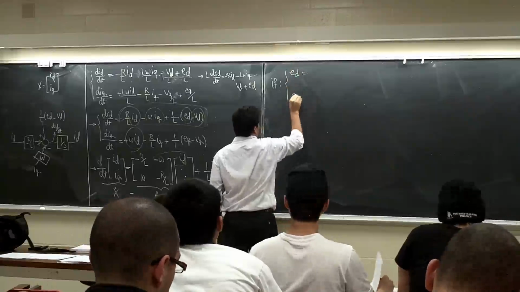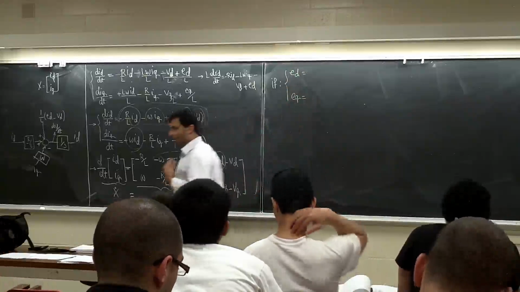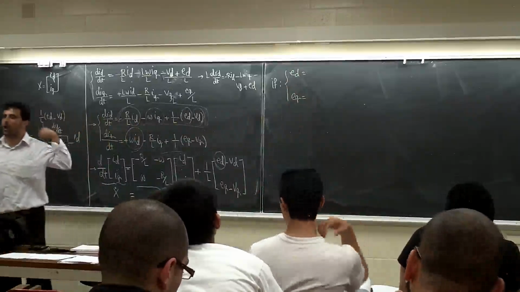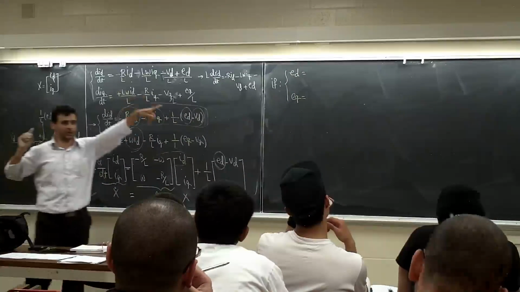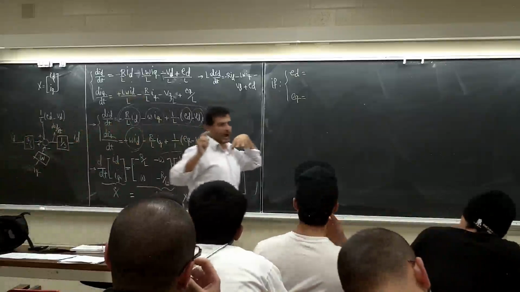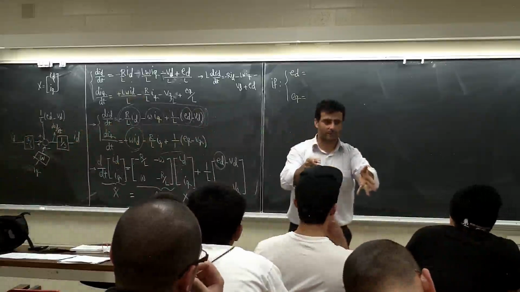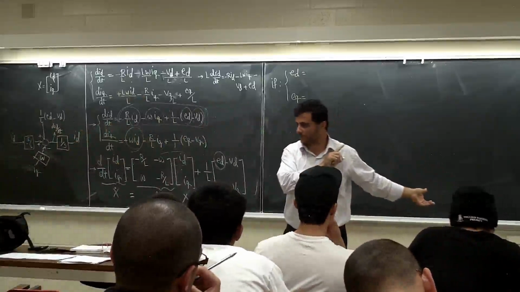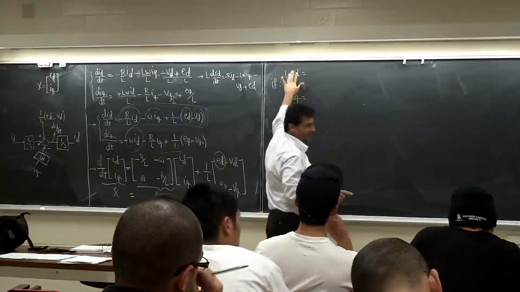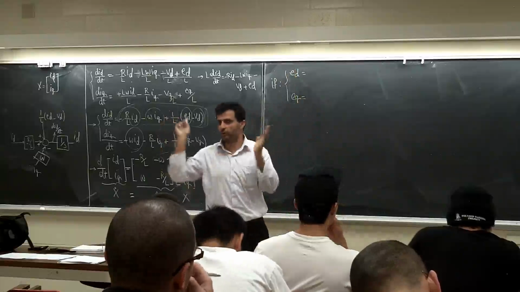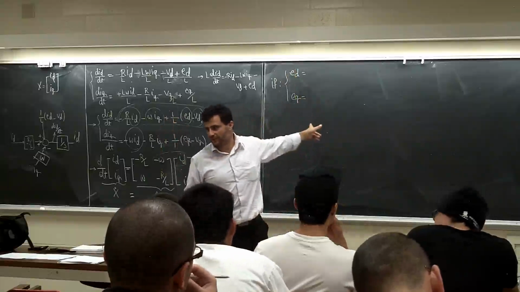ED and EQ, I want to have this ED-EQ. I want to control my inverter to give me this ED-EQ. I'll tell you what I want, and the inverter is going to take care of it. I'm going to tell the inverter, hey inverter, I need this ED, this EQ. Go set whatever you should set to give me this ED, EQ.